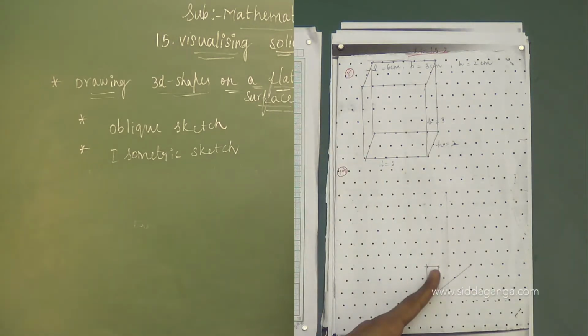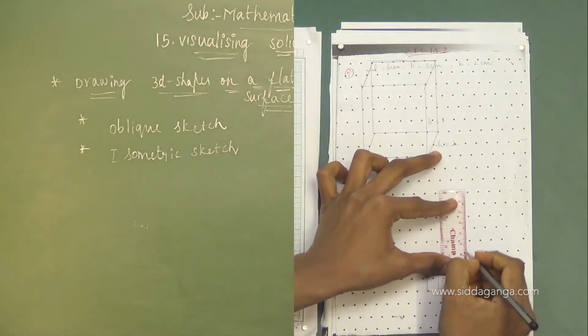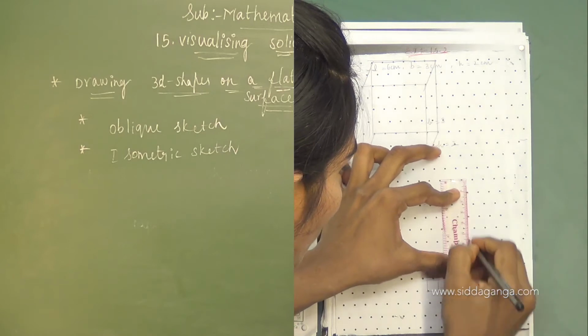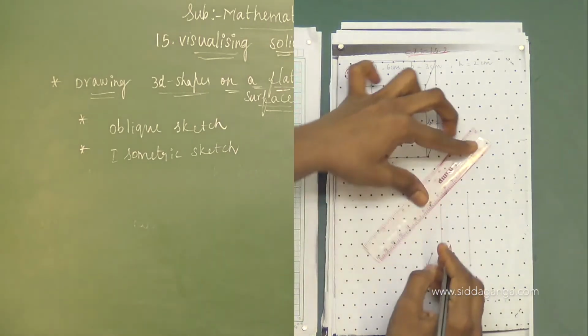Okay? Here one unit, here 3, here 2, correct?